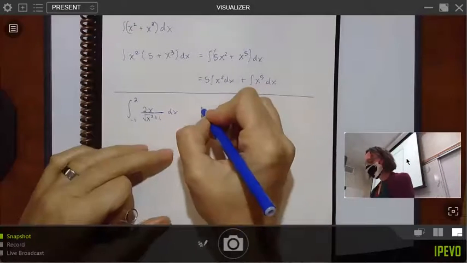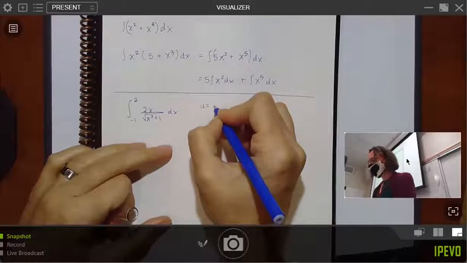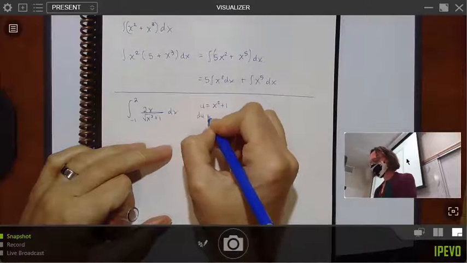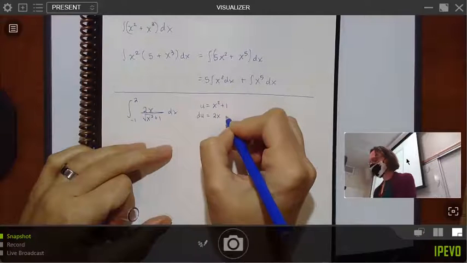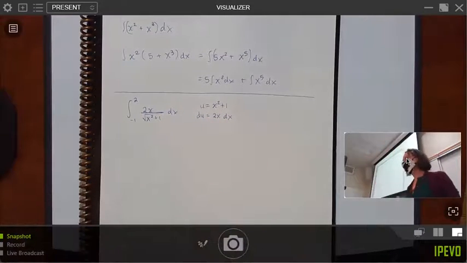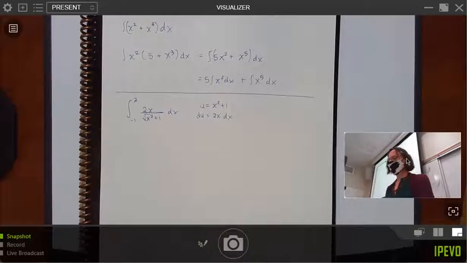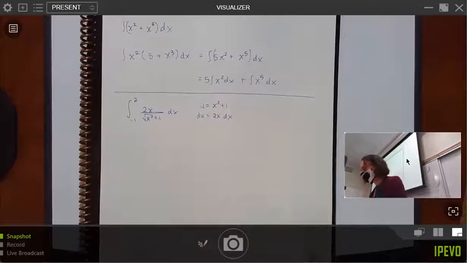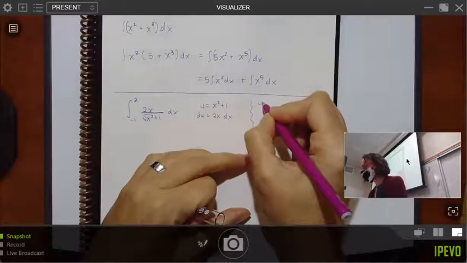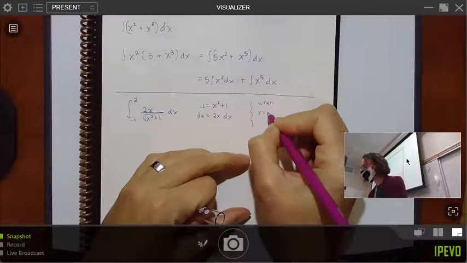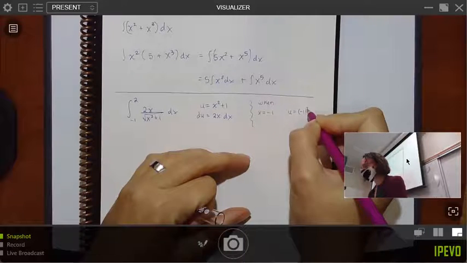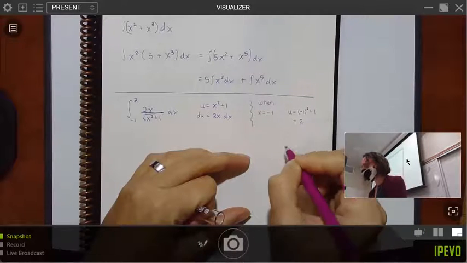If I make this u substitution to let x squared plus 1 be equal to u, so that my du is 2x dx, I've got that 2x dx. There's technically a thing that our textbook shows us where we come off to the side and say, when x is equal to -1, u is equal to -1 squared plus 1, and I get a 2.